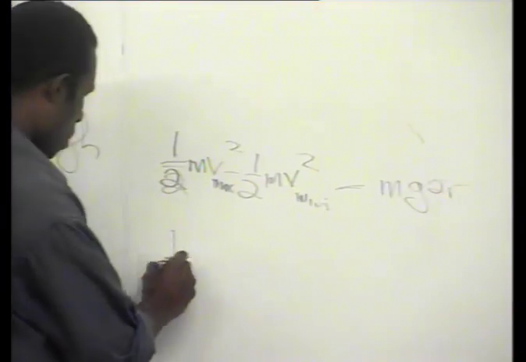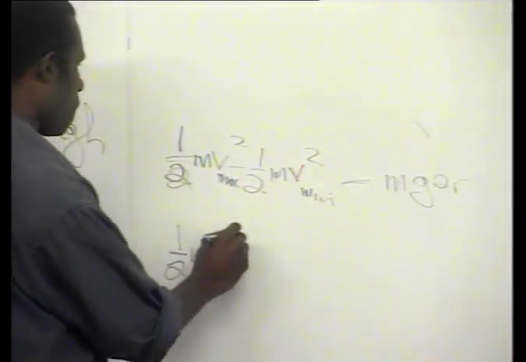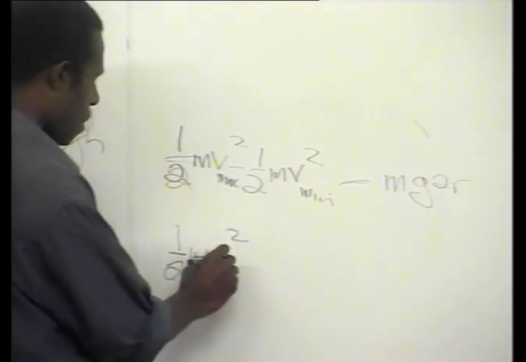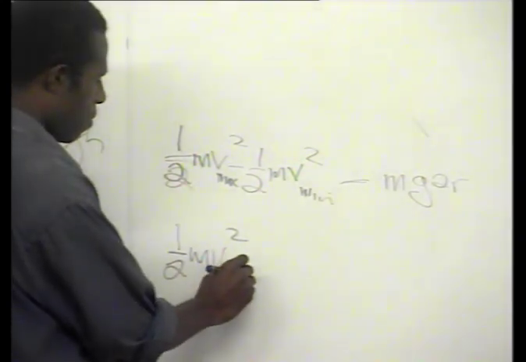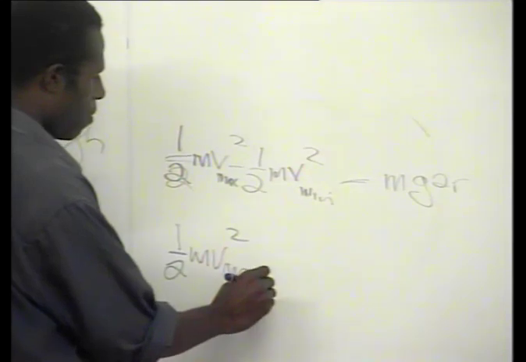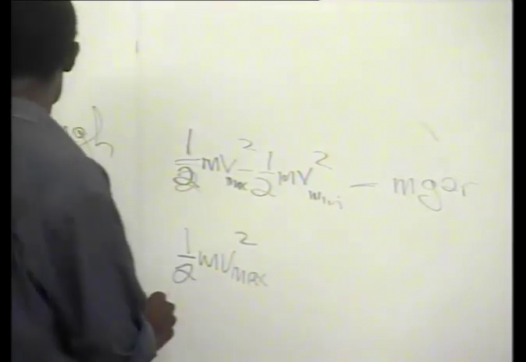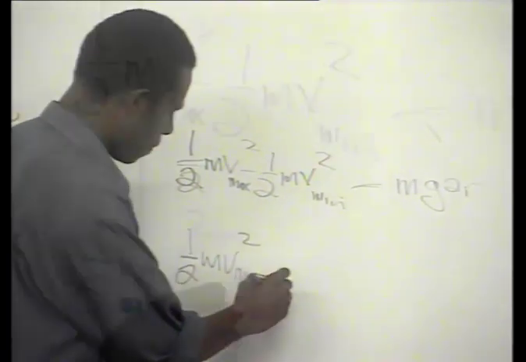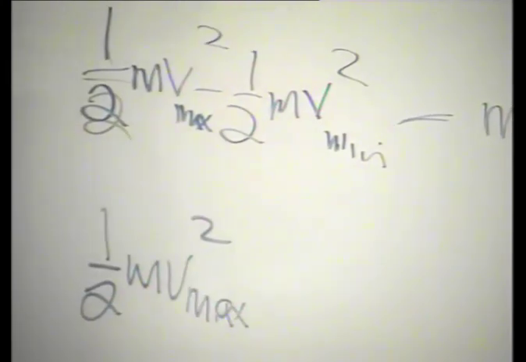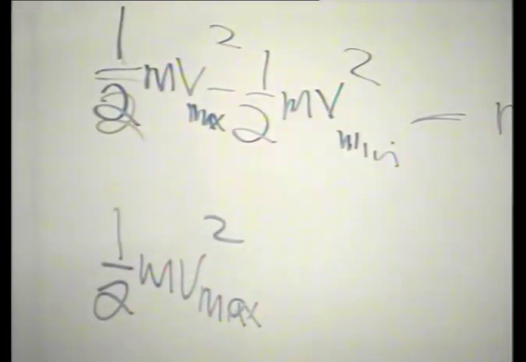All right, equals to mg 2r because of the height, which is the diameter. And then maximum. All right, what is the question asking us to find?